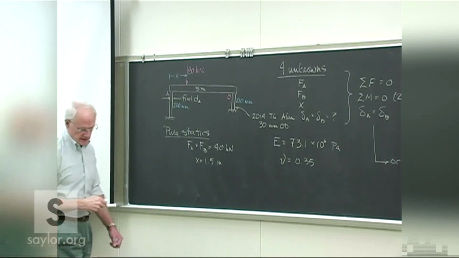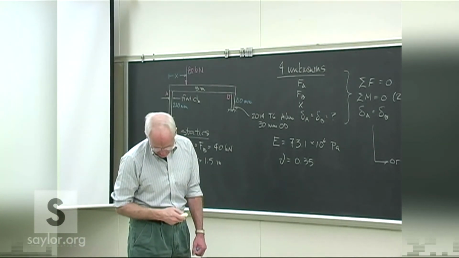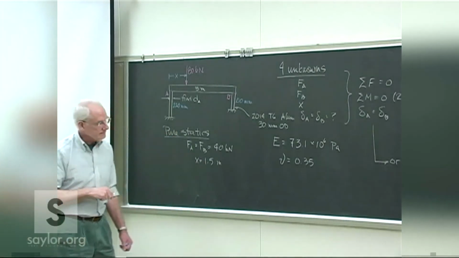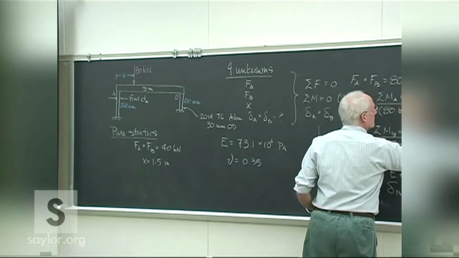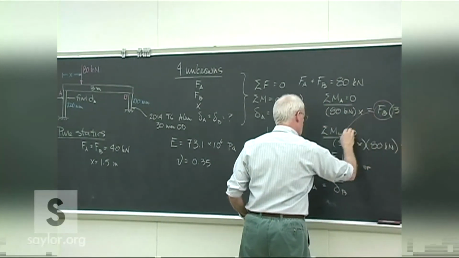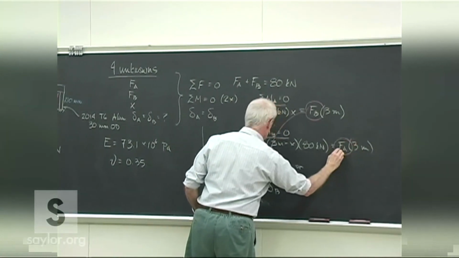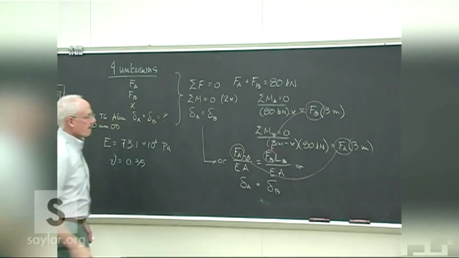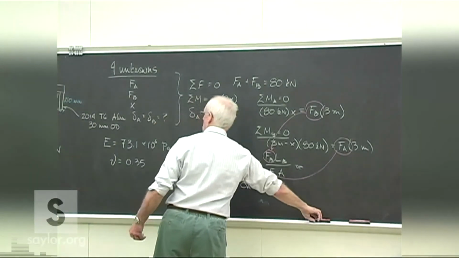And you'll need Poisson's ratio for that once you find the axial load, the axial strain. So each of these can go into there. That'll give you a single equation in X as the only unknown. All those other quantities are known.